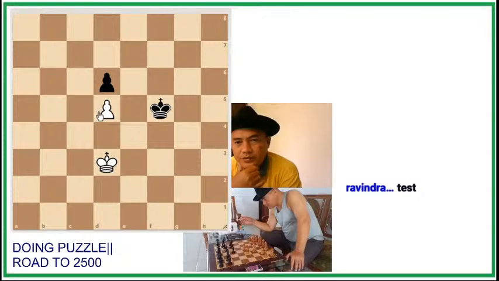This is the Cole versus Stanciu game in 1988. This is from the Thessaloniki Olympiad. In this position, white to move.